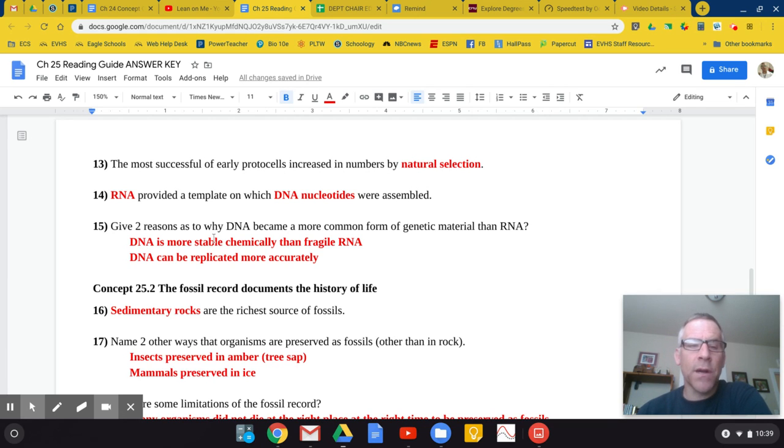And the reason is that DNA is much more stable chemically. RNA is fragile. It can be broken up much more simply. And DNA can be replicated more accurately. There are fewer mistakes, fewer mutations, that allow for the continuance of a species.